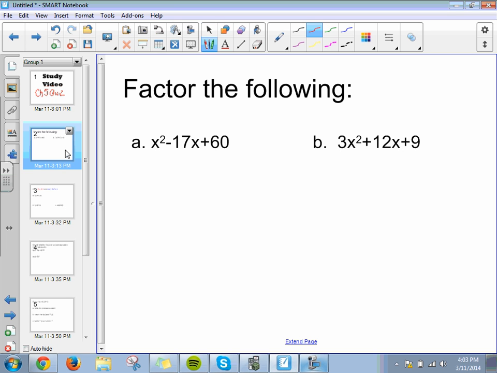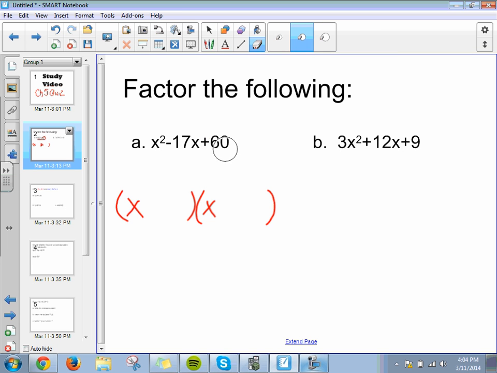So in this first one, we don't even have to use our factor box because really what we're trying to figure out is what's going to multiply to 60 but then add to a negative 17x. Because we've got a coefficient of 1 in front of our x squared, we know that what we're going to have is the quantity x plus or minus something times the quantity x plus or minus something.